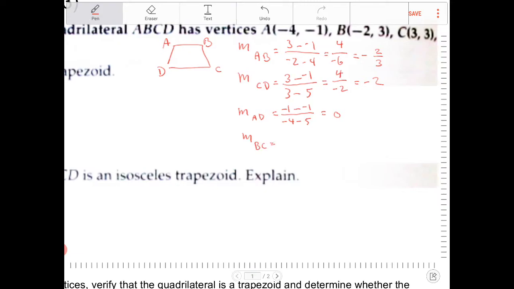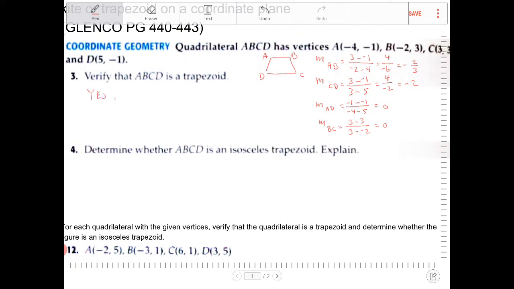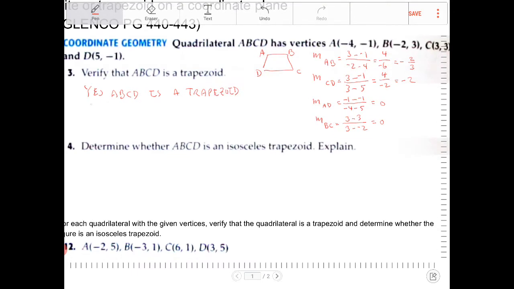The slope of BC is 3 minus 3 over 3 minus negative 2, and this also will be 0. So yes, this is in fact a trapezoid. ABCD is a trapezoid. Sides AD and BC are parallel.